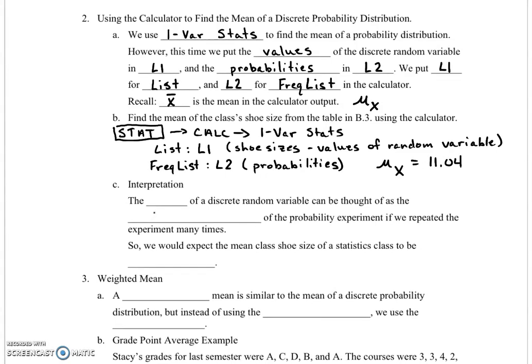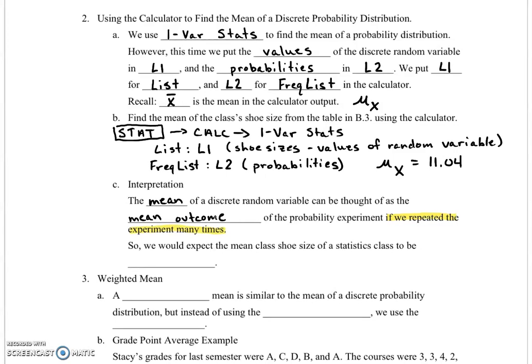So how do we interpret that? Well, the mean of a discrete random variable can be thought of as the mean outcome. And the key here is it's the mean outcome if we repeated the experiment many times.